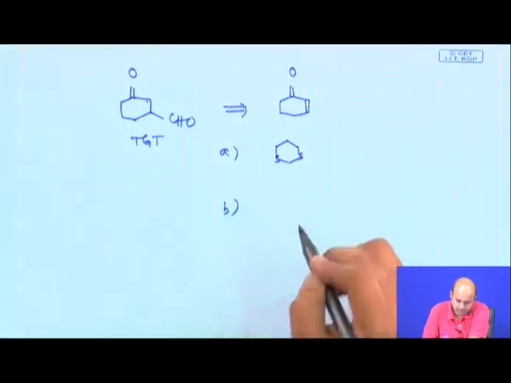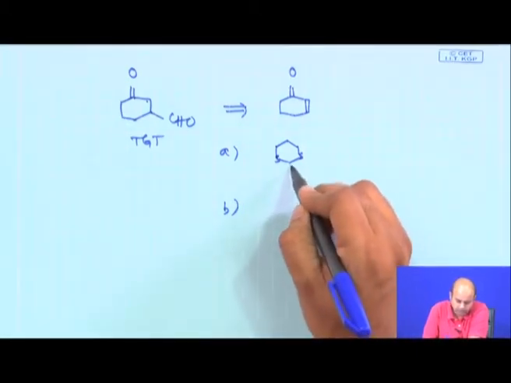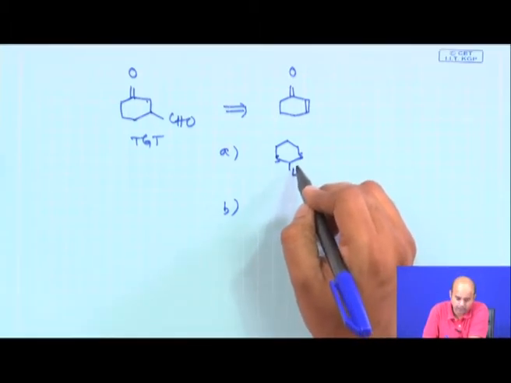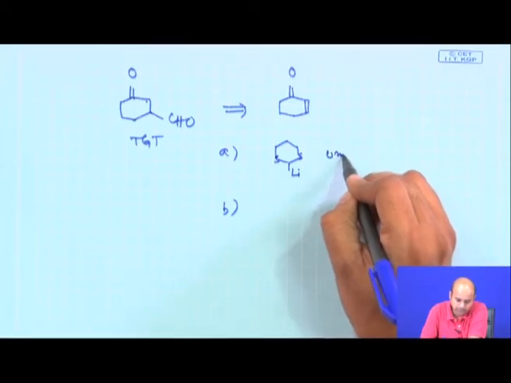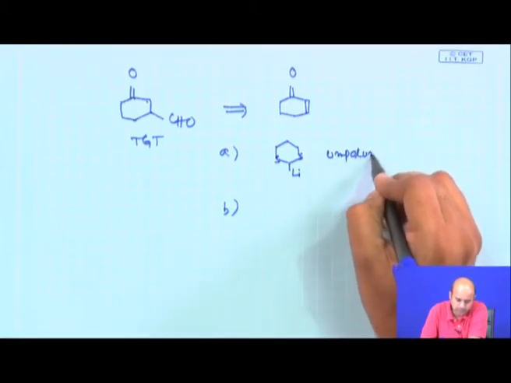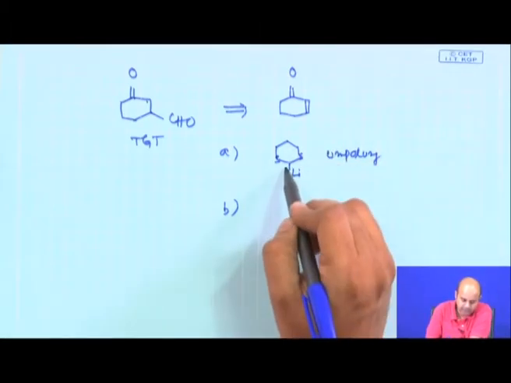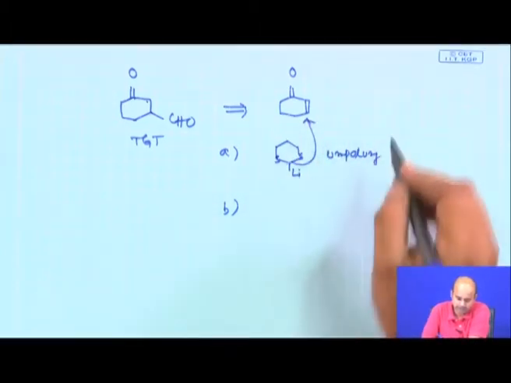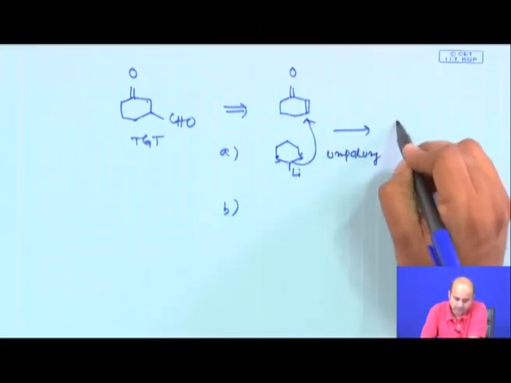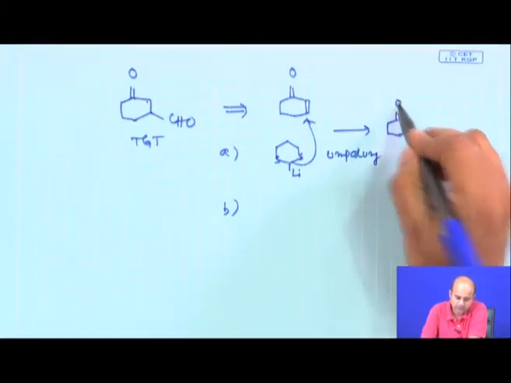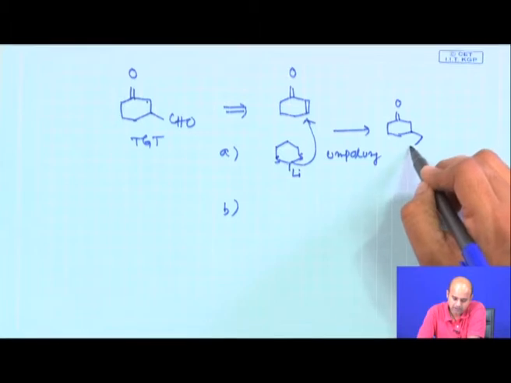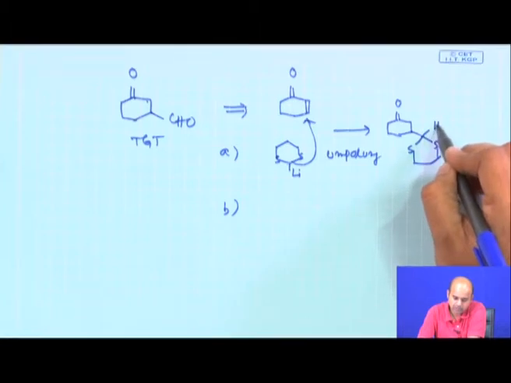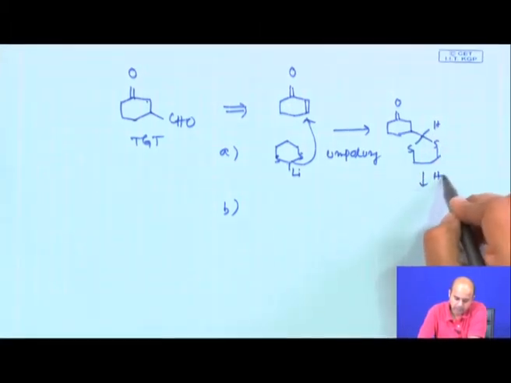You need to take a monolithiated species as a nucleophile, or an umpolung species, then you can react it with this in a Michael fashion, and then you can remove the dithiane protection, and that will give you the target molecule.